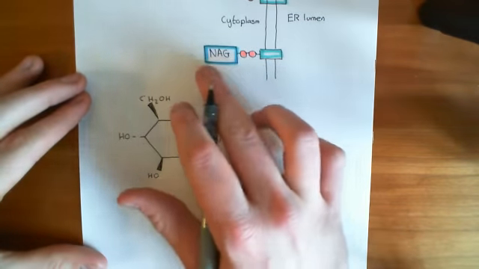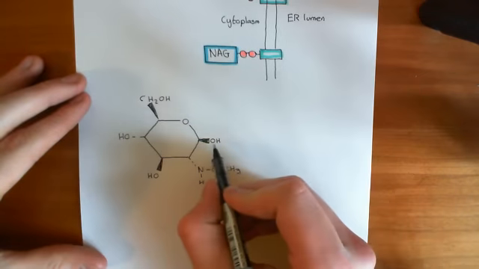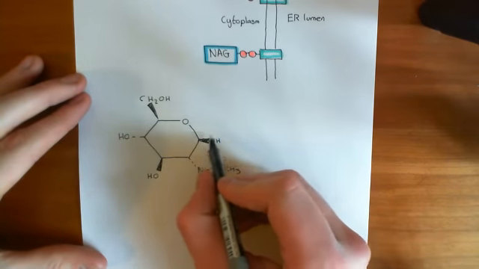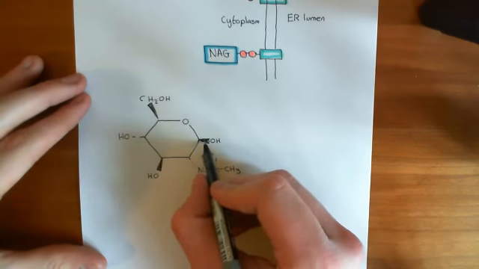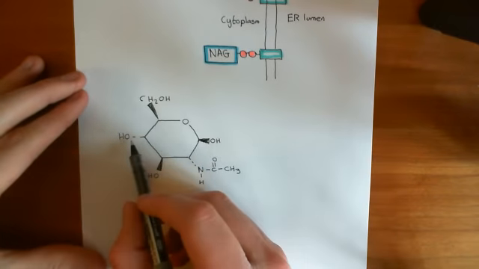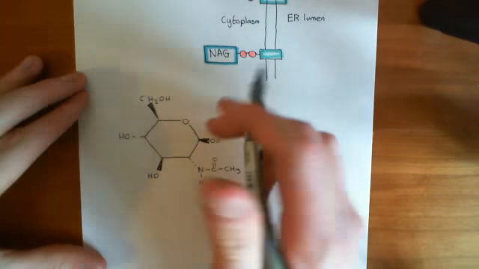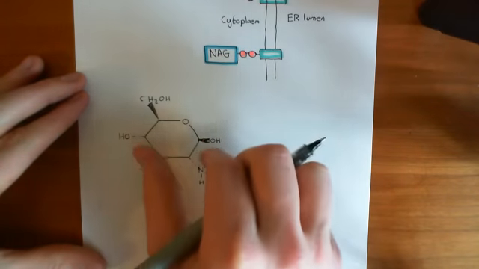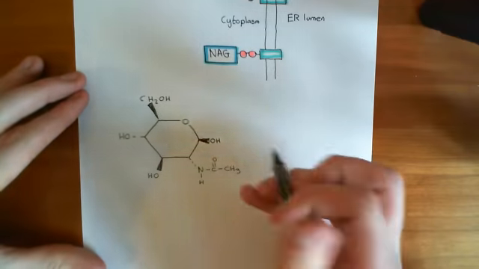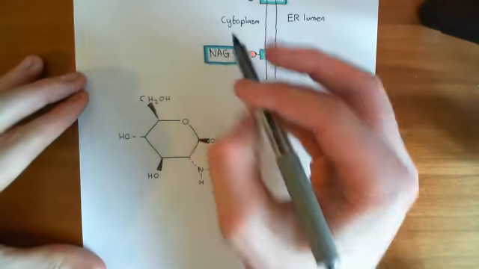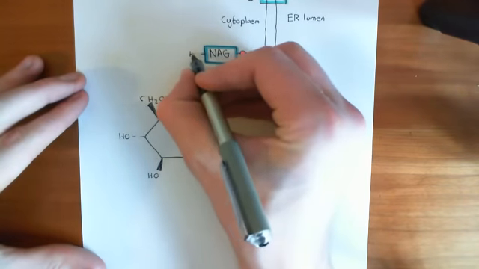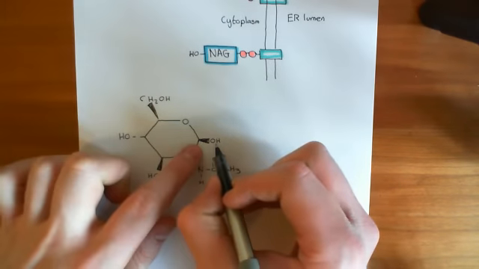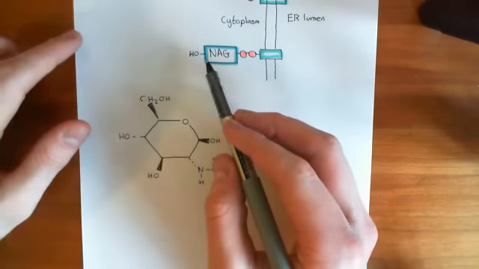Now, basically, this N-acetylglucosamine has these two phosphate groups linked off the hydroxyl group of the first carbon. Now, it still has its fourth carbon hydroxyl group available. So what we're going to do is bring in another N-acetylglucosamine and link the hydroxyl group off the fourth carbon here to the hydroxyl group of another N-acetylglucosamine.